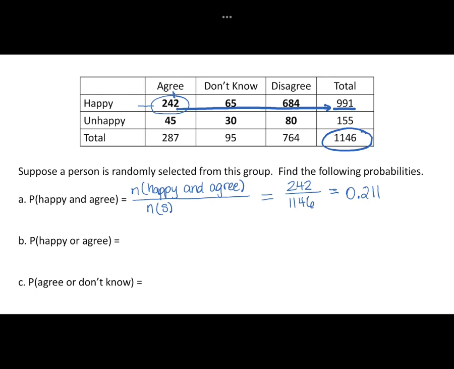And if I scroll to the bottom, the total number of people that agreed was 287. So how many are happy or agree? Well, I could add these two numbers together. Let's do this below. Happy or agree.